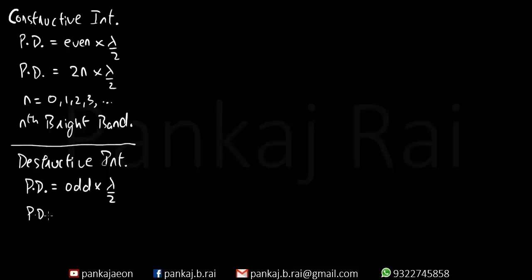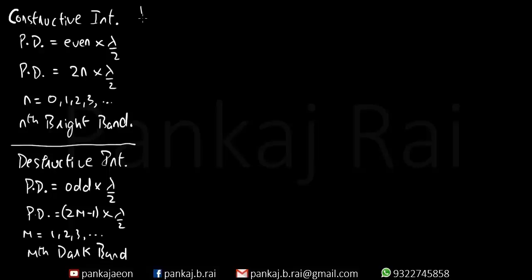So the path difference is equal to (2m minus 1) into lambda by 2, where m is 1, 2, 3 and so on, where m is representing the mth dark band. So this is the basic information which we need.